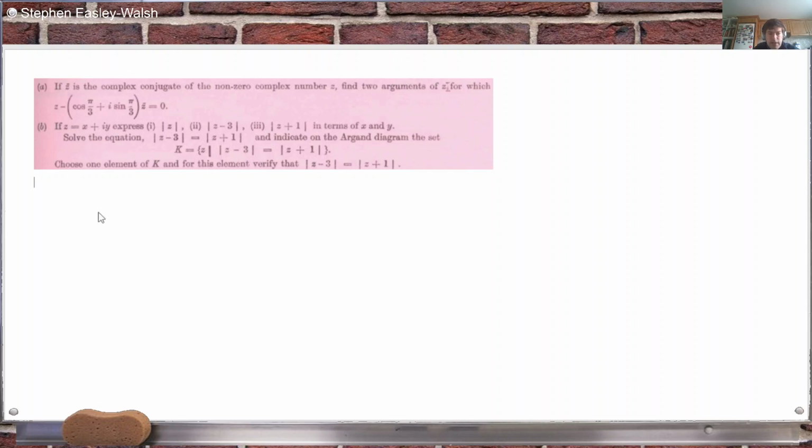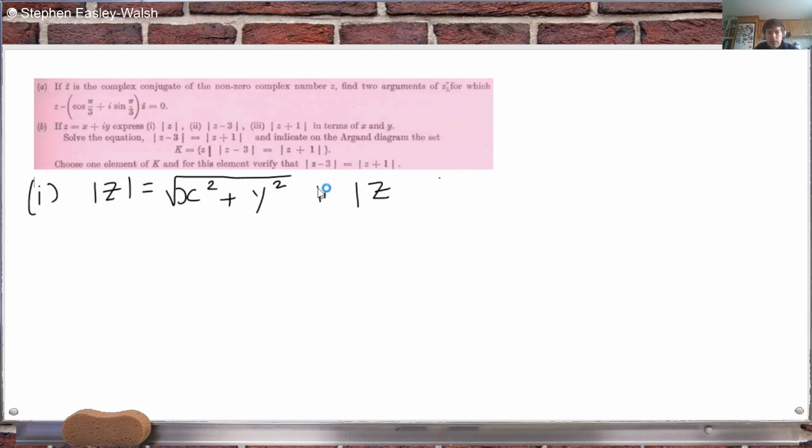Z equals x plus iy. Okay. 1, the modulus of z, that's equal to the square root of x squared plus y squared. Yeah, that's okay.